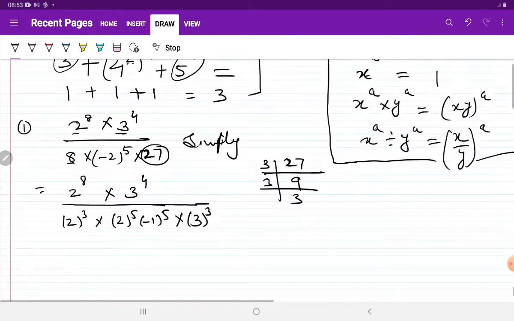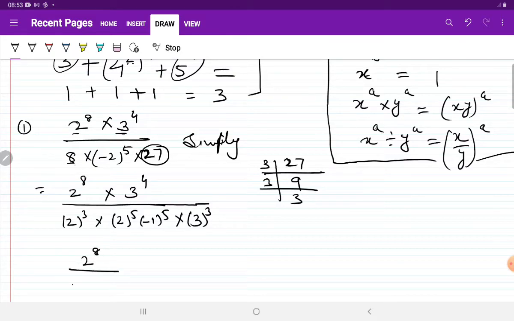Okay. So now we'll apply the law. All we'll take together. So like this, 2 raised to power 8 upon here is 2 raised to power 3 into 2 raised to power 5. I am writing 2 separately and 3 again. Here is 3. 3 raised to power 4 upon 3 raised to power 3. And minus 1.